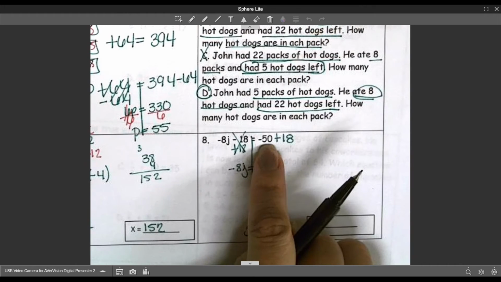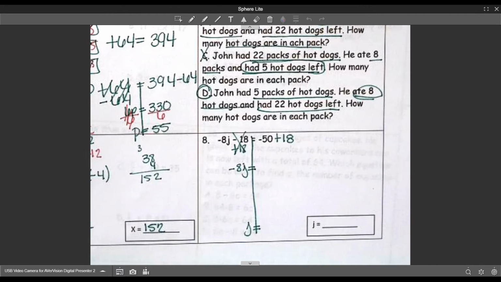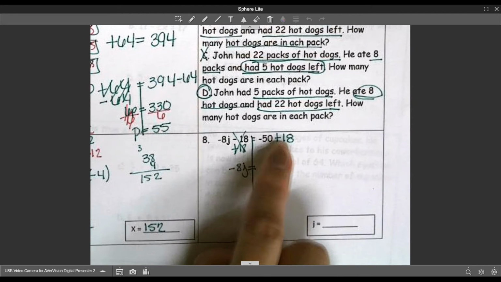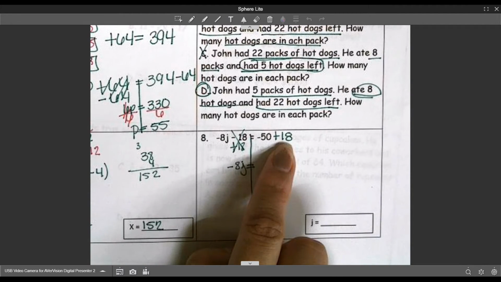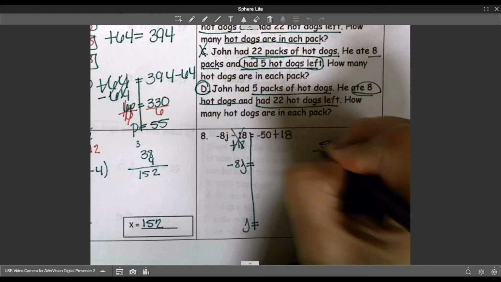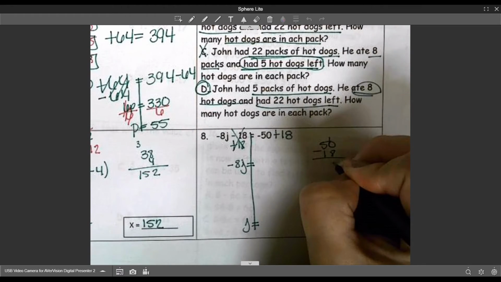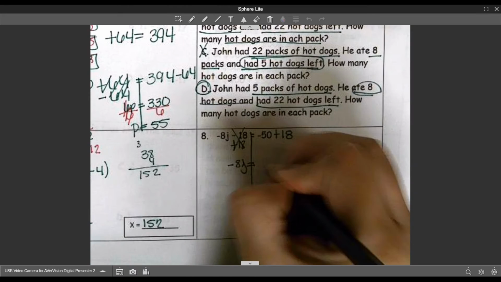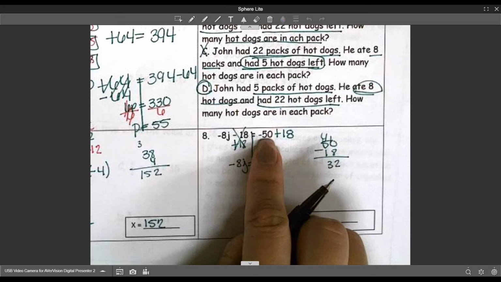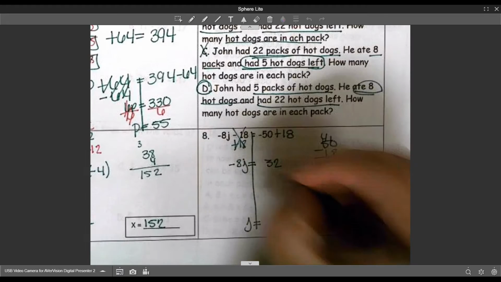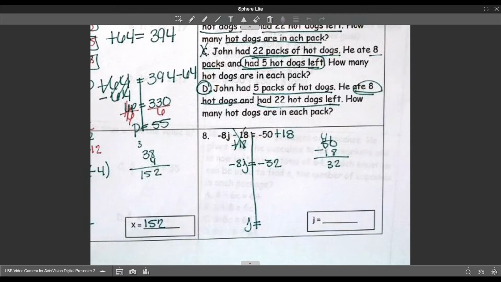What is negative 50 plus 18? You're absolutely right. Okay. It says there to add them, it says plus, but can I really add a negative and a positive? No. So instead of adding, I'm going to subtract 50 minus 18. It gives me 32. And because 50 has a greater absolute value and it's negative, I'm going to keep the negative. So again, end up with negative 32.